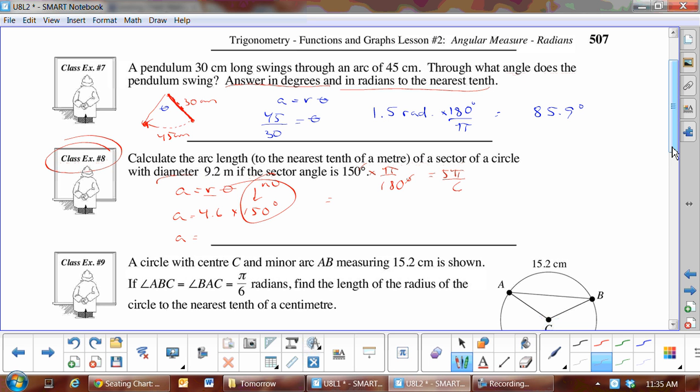Then it's as simple as 4.6 times 5 pi over 6. And how big is the arc length I'm looking for? 12.0 meters.